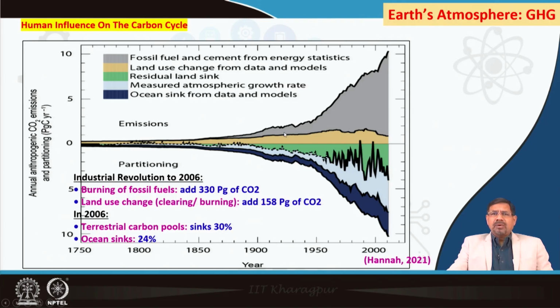And the second one, which is shown in terms of land use, land cover by the yellow figures, is coming from the land use change from various data and models, and this green one. So, these two upper ones represent dominantly the anthropogenic impact or the human influence.